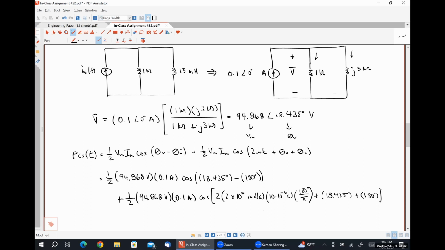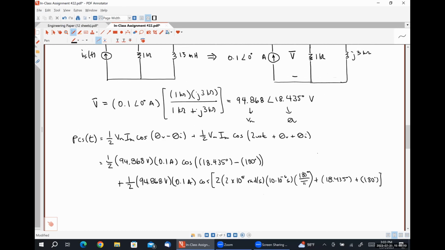So now I'm going to put this into my calculator. So 1/2 times 94.868 times 0.1 gives me 4.743. I'm going to keep that, so I'm going to just store this as X in my calculator. So X times the cosine of 18.435 minus 180 looks like negative 4.4999 or negative 4.5.